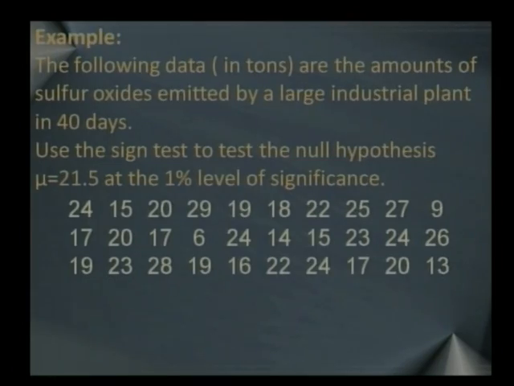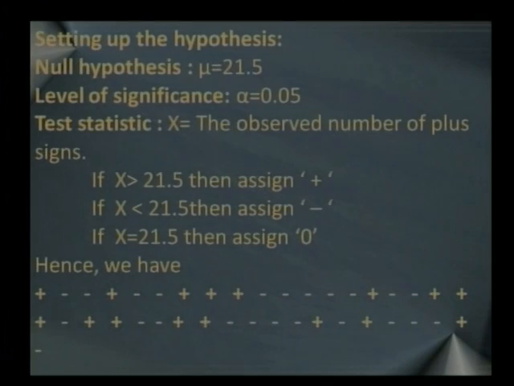Again, apply the same procedure. Assign the signs: for the first data, if it is greater than or equal to 21.5, assign a positive value; if it is less than 21.5, assign a negative value, and hence you will get the deviations as plus sign, minus sign, etc. The same procedure: the null hypothesis is mu equal to 21.5, the level of significance is 5%, and the test statistic is the plus sign.